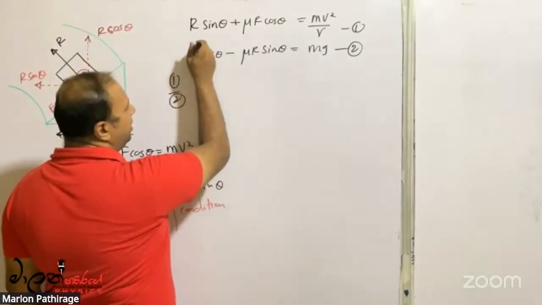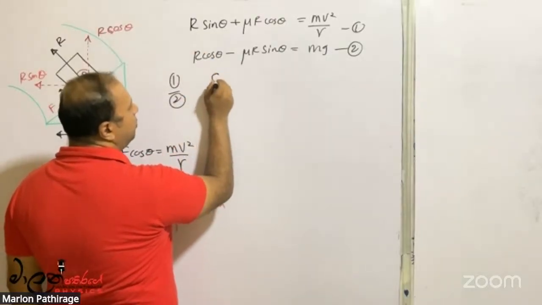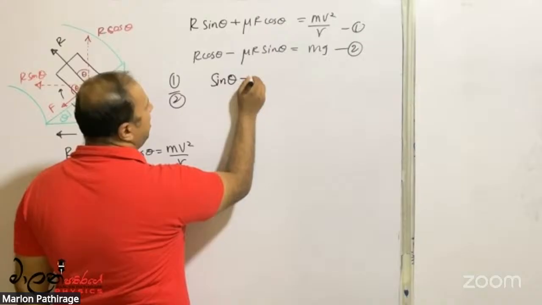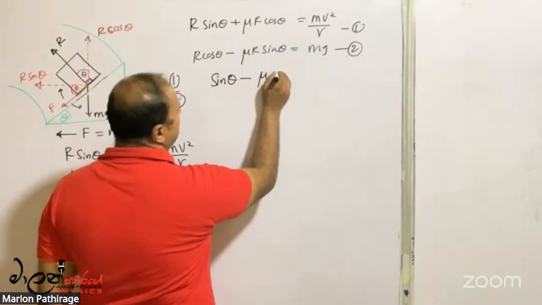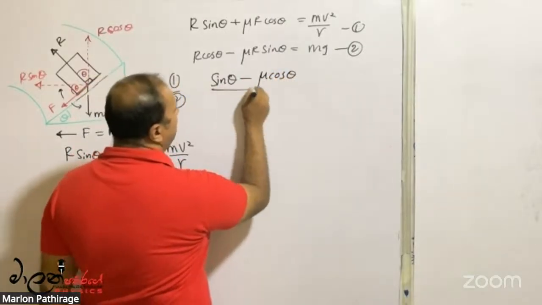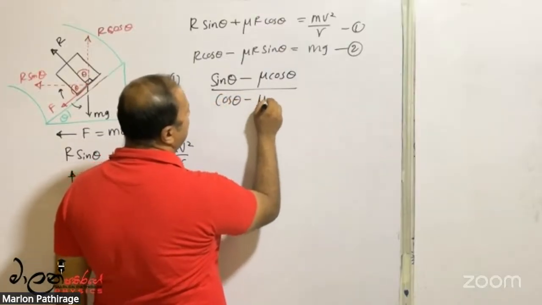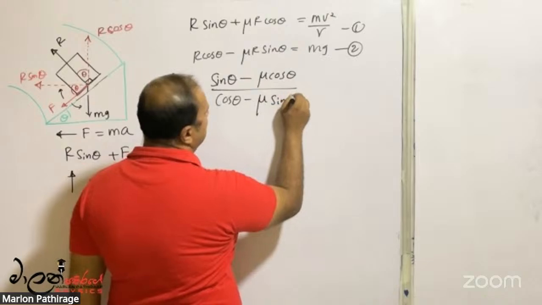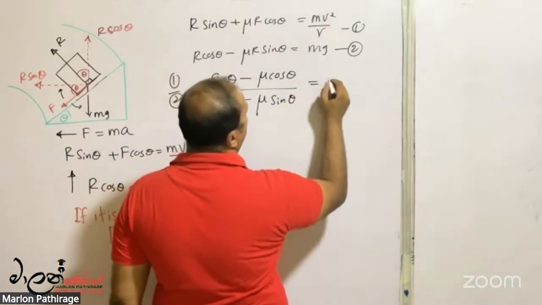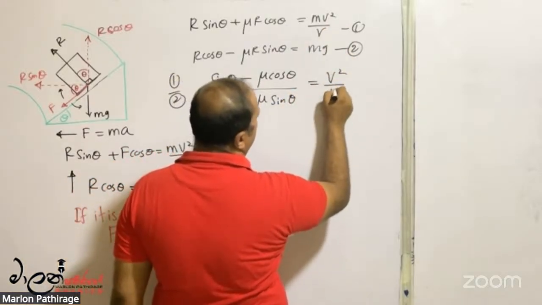So if I divide 1 by 2, sin theta plus mu cos theta divided by cos theta minus mu sin theta is equal to v squared over Rg.